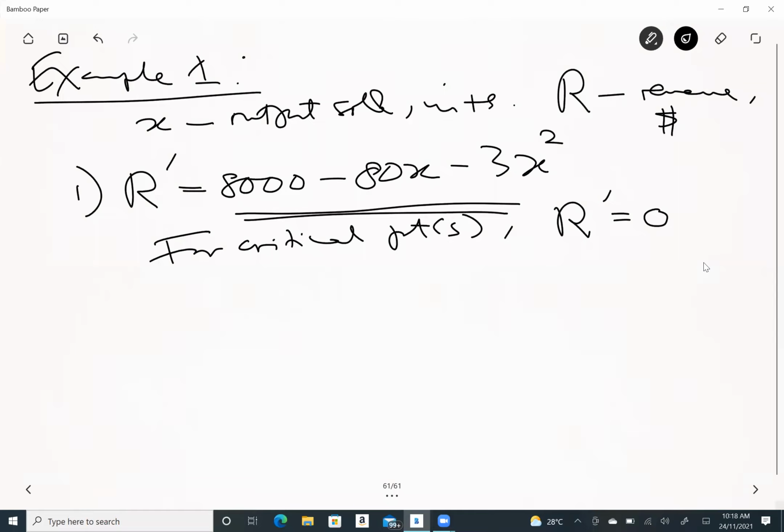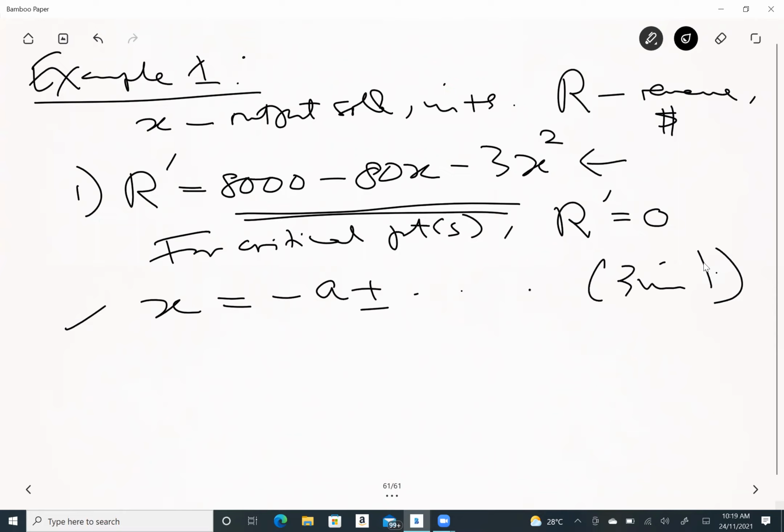Okay, so what I want you to do for this equation, I give you a practice. I want you to find the x using the formula, negative b plus or minus, properly. Okay, use that. I give you 3 minutes. Find the roots. Of course, we already know the roots, but I want you to find them.